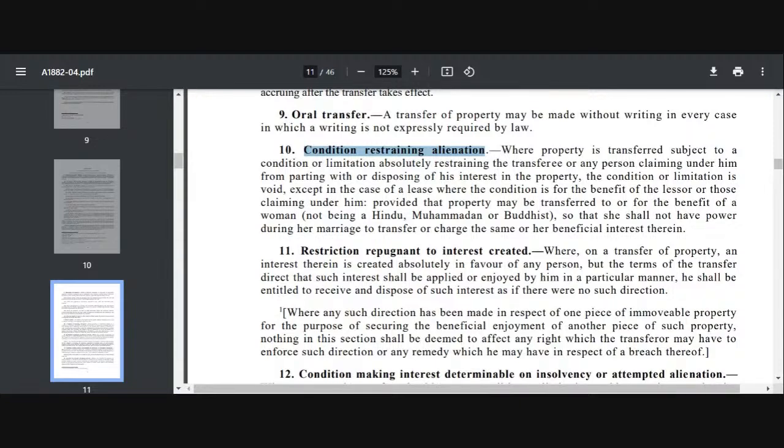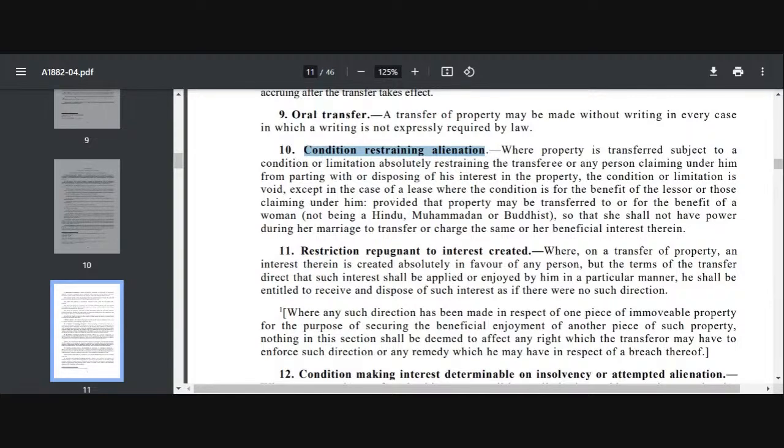They can validly impose a condition restraining alienation because that was made for the protection of the women's property. ठीक है. तो लीज के केस में, मैरिड वुमेन के केस में और आइडल के केस में, it is an exception. वहां पे आप absolute restraint कर सकते हो on alienation. Apart from that you cannot restrain.